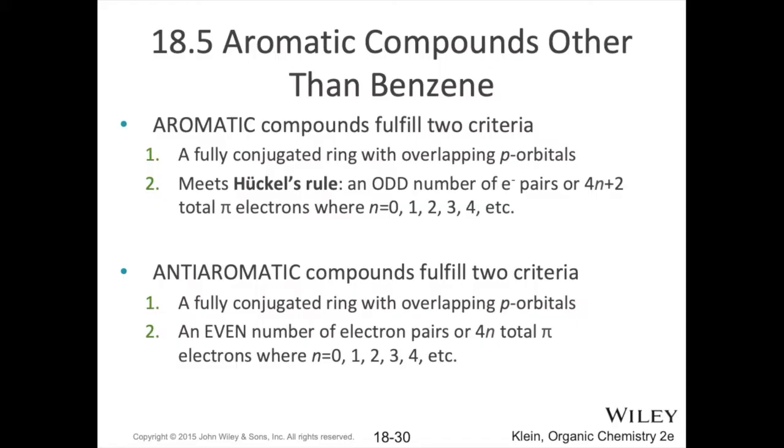So again, anti-aromatic and non-aromatic are not the same thing. Anti-aromatic involves an active destabilization, kind of the opposite of what aromaticity does, whereas non-aromaticity just means it's not aromatic. It's not really meeting that first requirement.